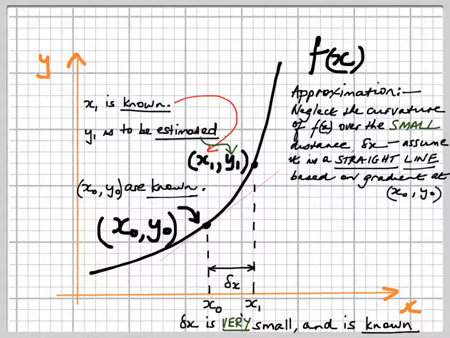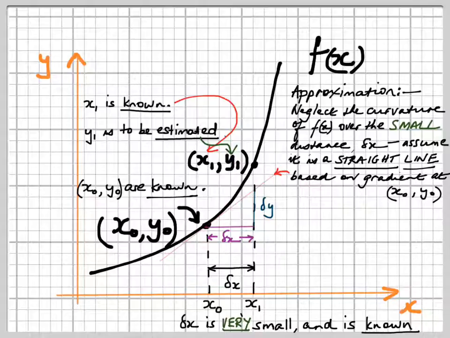Okay? That's the whole point of this thing. Now, I've just put an arrow to point to you that gradient line. That is the secret of the whole thing, that gradient line. That is how we get our estimate of y1. Okay? Now, there's delta x and delta y that I have just put in there on the graph for you.